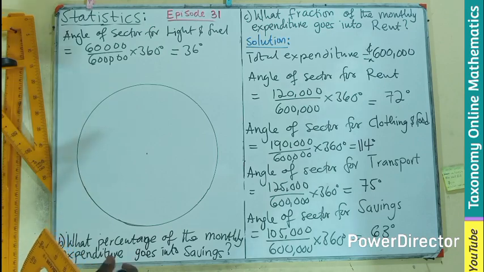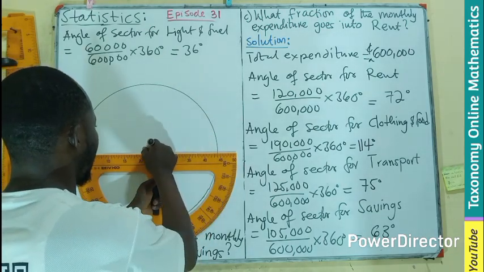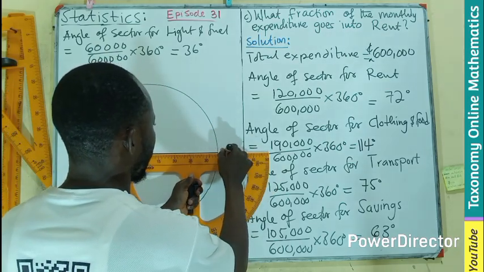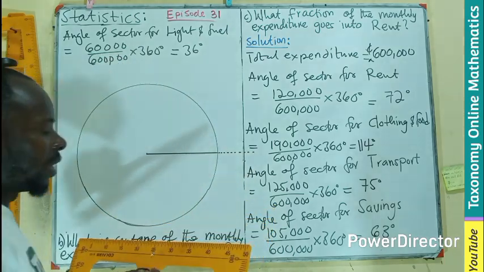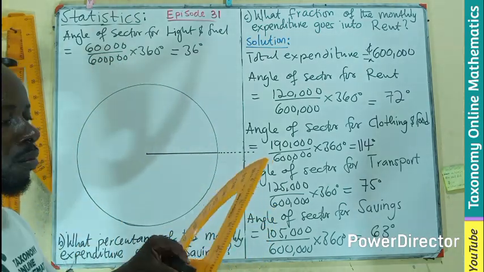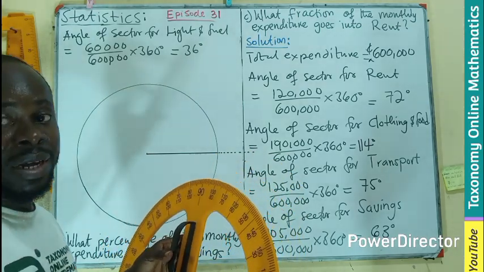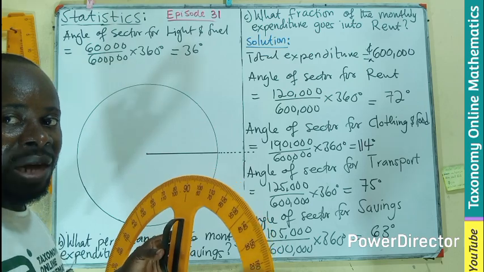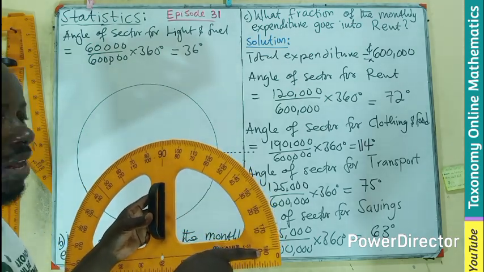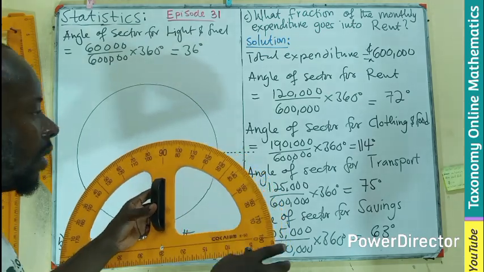So when the center is drawn, remember we are to draw a radius. I'll be using that because my protractor is not transparent for me to see the lines through. Remember, we mentioned that we can do the measurement in either clockwise direction or anti-clockwise. I prefer anti-clockwise because I want to use the first reading from the center.